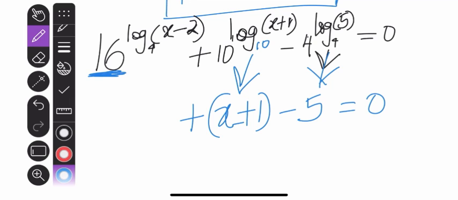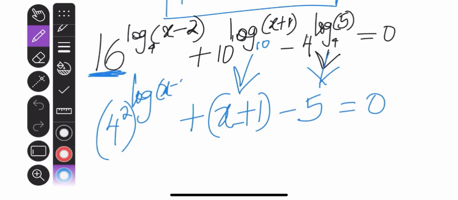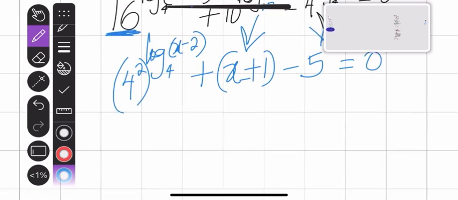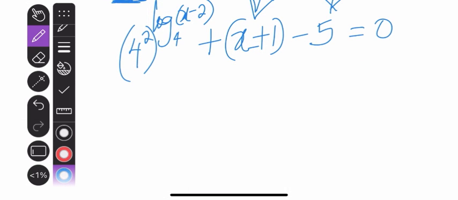Then to simplify this, you can write 16 as 4 squared, then log of x minus 2 base 4, because 16 and that base do not match, so I had to convert it to 4 squared.